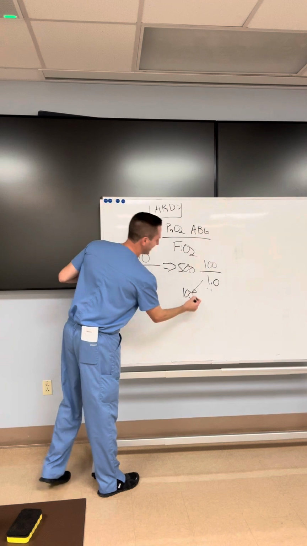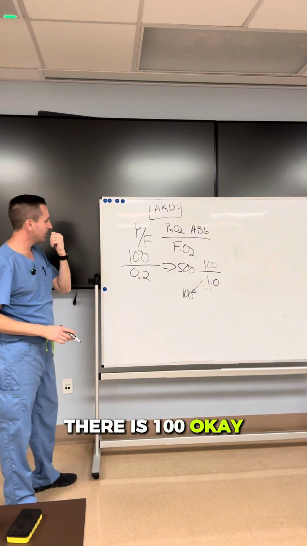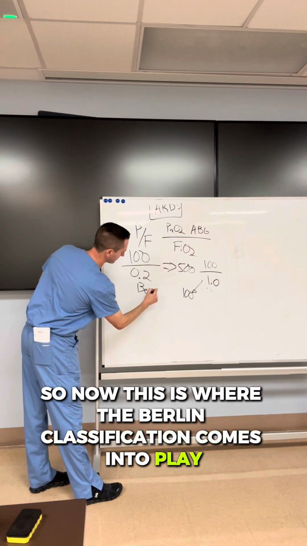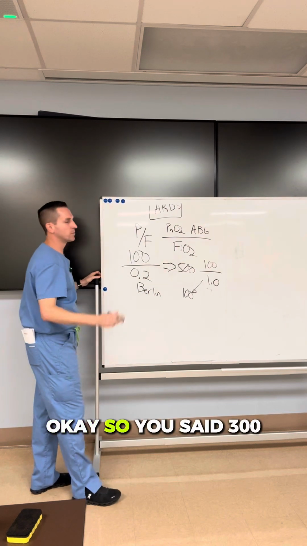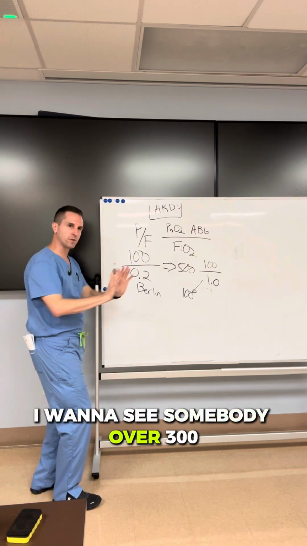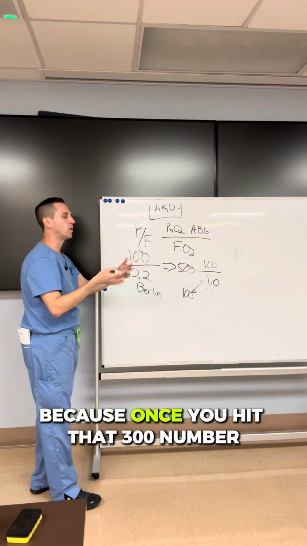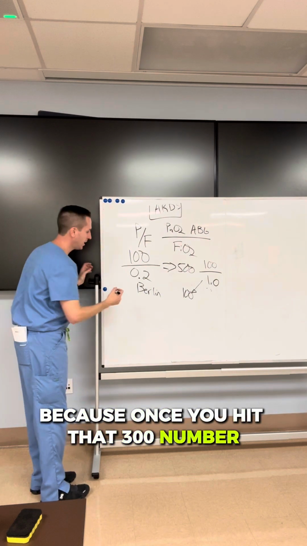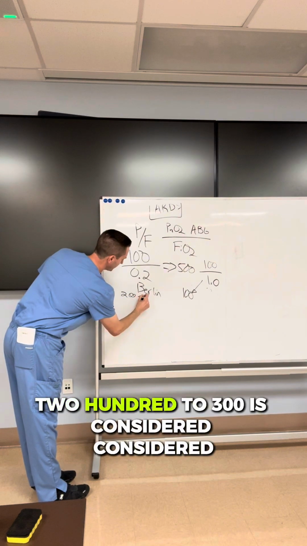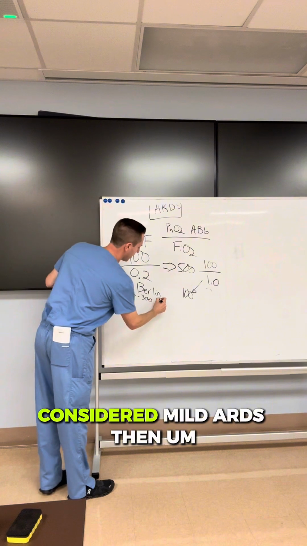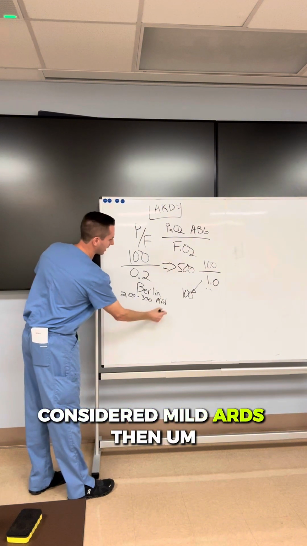Theirs is 100, okay? So now this is where the Berlin classification comes into play. Okay, so you said 300. I want to see somebody over 300. Over 300, I'm feeling pretty good about myself. 200 to 300 is considered mild ARDS.